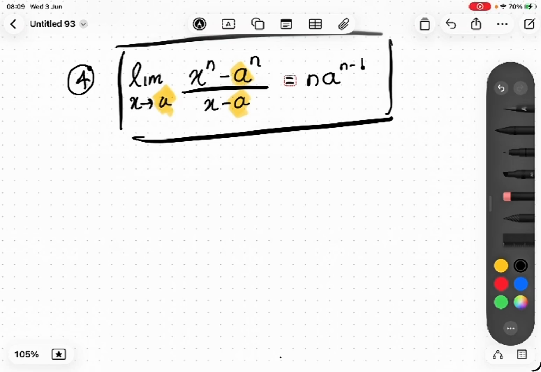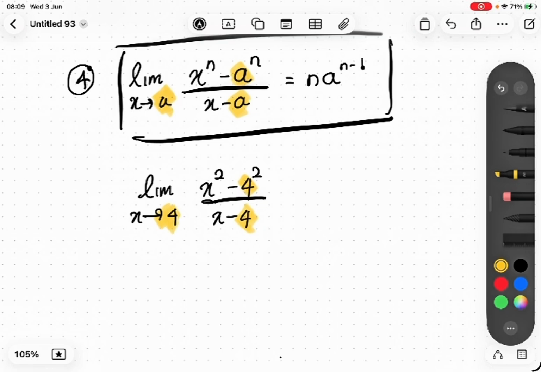So we will do an example and see. Now x to the power 2 minus 4 to the power 2 over x minus 4 when x tends to 4. See, all these terms are the same. To do this using the factorizing method, as I told you, if you have common factors, we can remove them and remove the undefined condition.